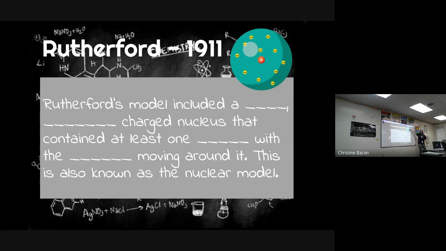So Rutherford, nucleus, and he used the gold foil experiment, where he shot particles at atoms. Rutherford's model included a dense, positively charged nucleus that contained at least one proton, with the electrons moving around it. That's known as the nuclear model. So Rutherford equals nucleus.